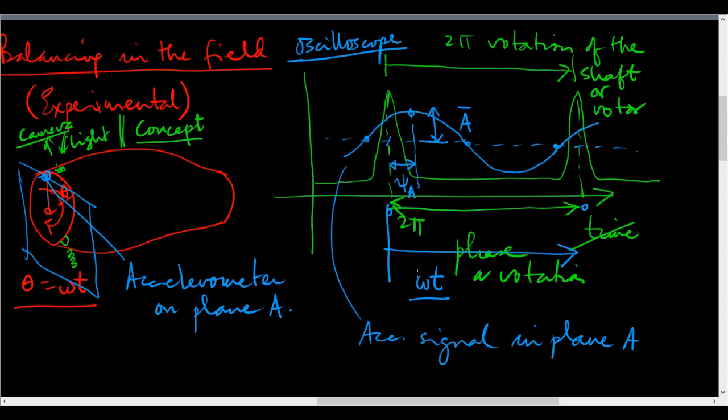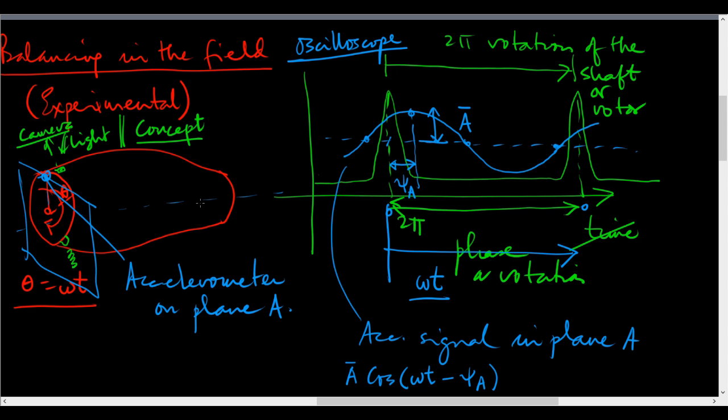Okay, so this vibration signal is now A bar cosine of omega t minus psi A. Alright, so this is the state of vibration that you are observing in this system as it is spinning because of the unbalance that is there.